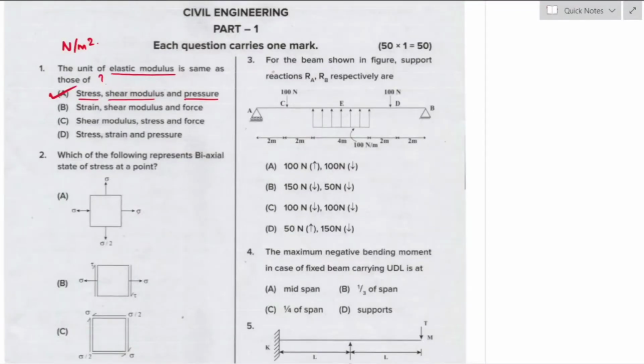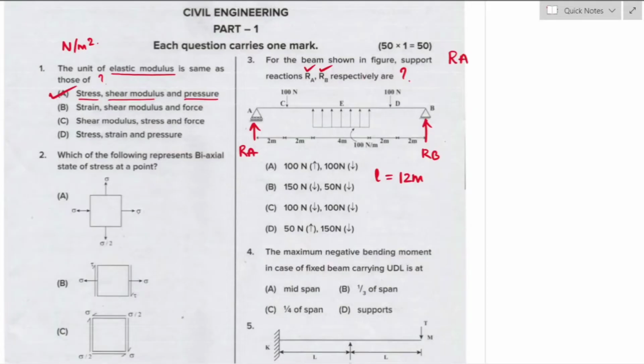Question number 3. For the beam shown in the figure, support reactions RA and RB respectively are. We have to find the reaction at point A and reaction at point B. Total length of the given beam is 2 meter plus 2 meter plus 4 meter plus 2 meter plus 2 meter. It is 12 meter.